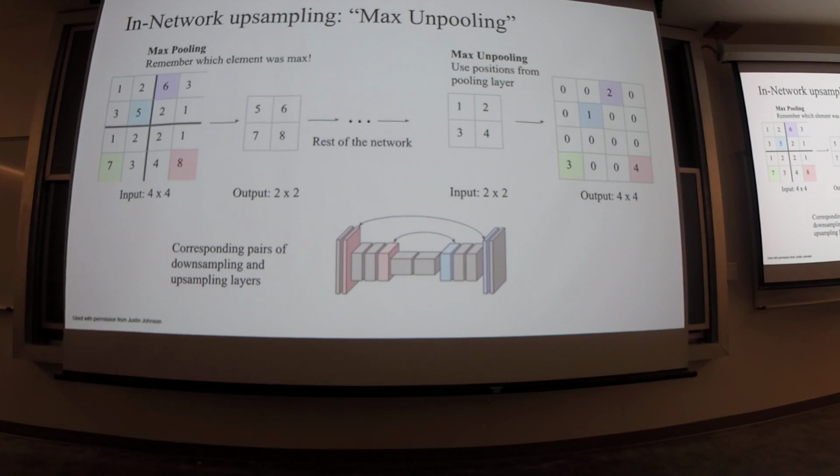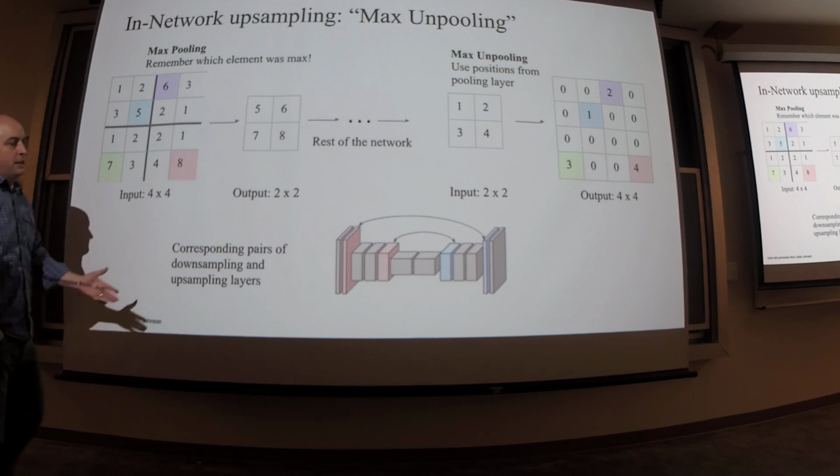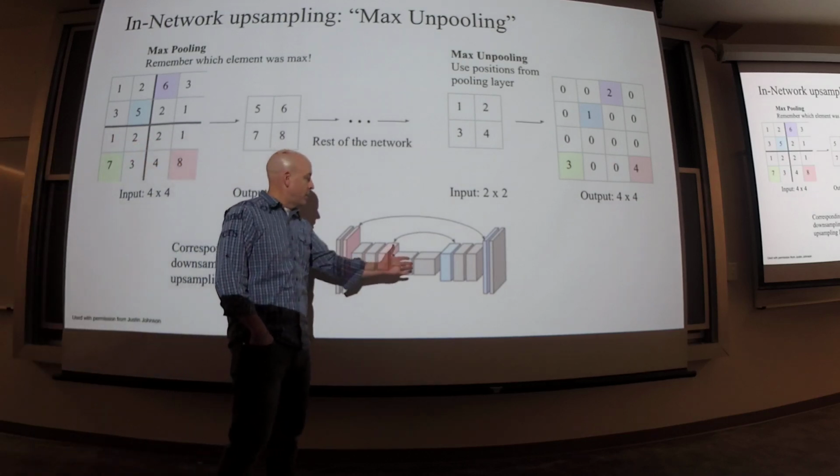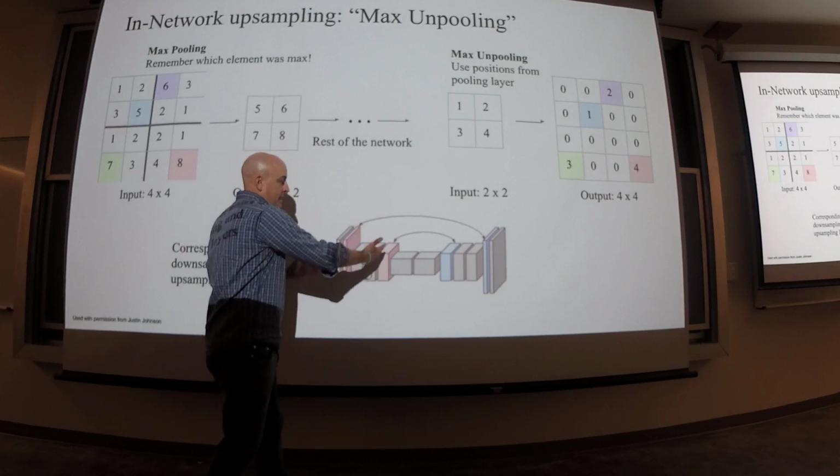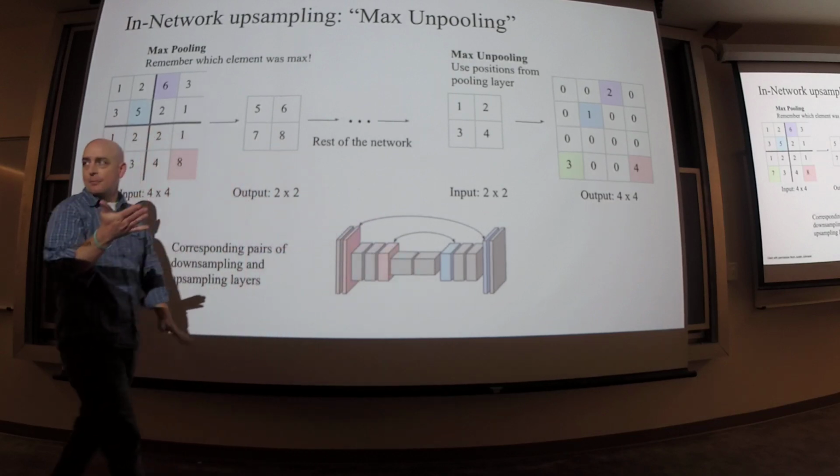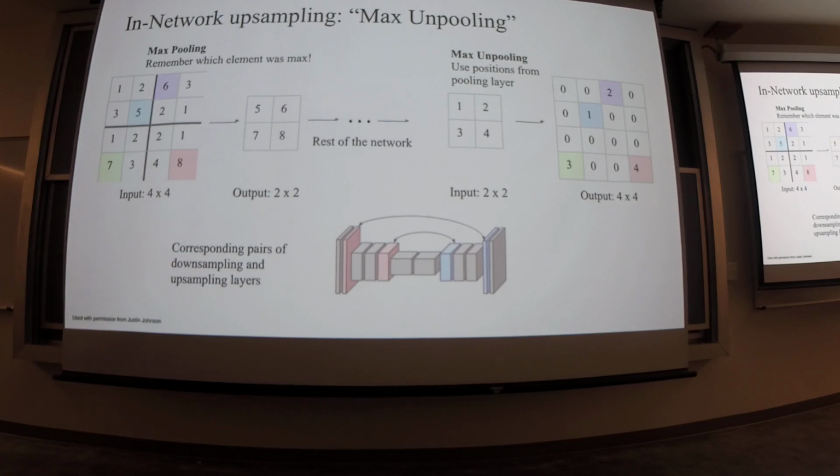Here is a way that is like the bed of nails, but it preserves some information about what happened during downsampling, that you use as you upsample. So in the case where you have a very symmetric network where each downsampling step has a corresponding upsampling step, in the downsampling, if you say use max pooling, you remember which entry in each of these pools was the max.